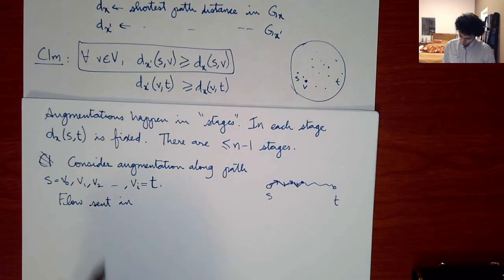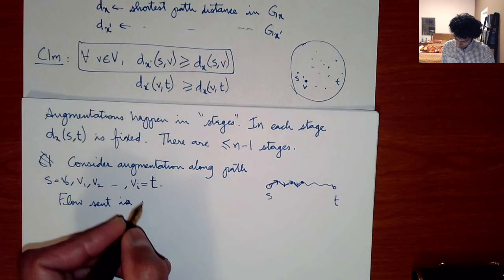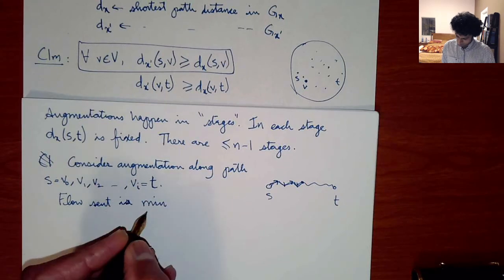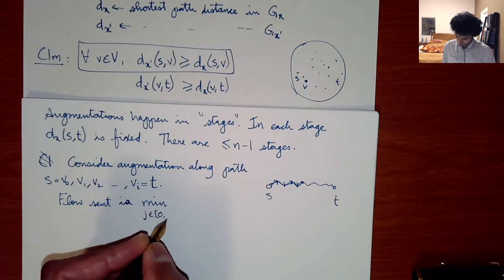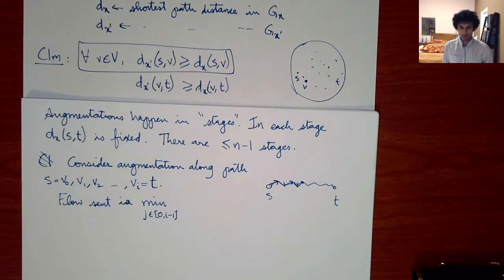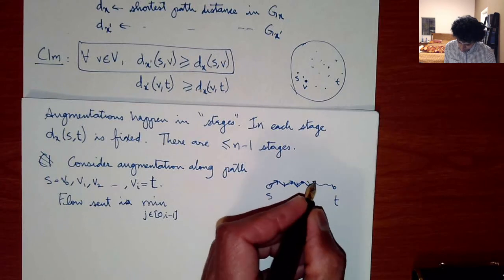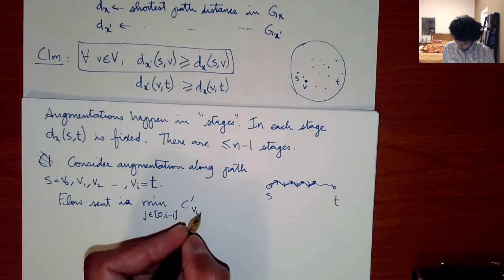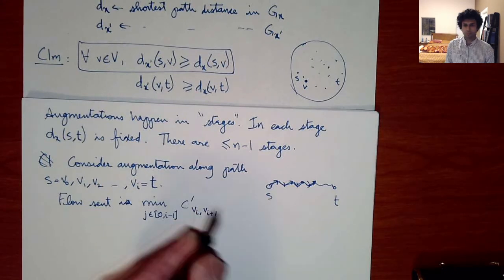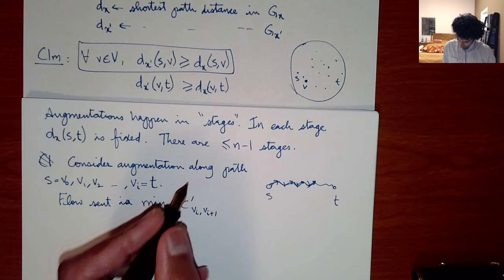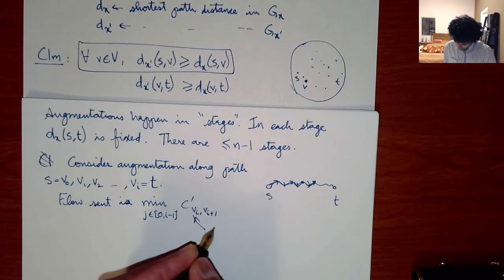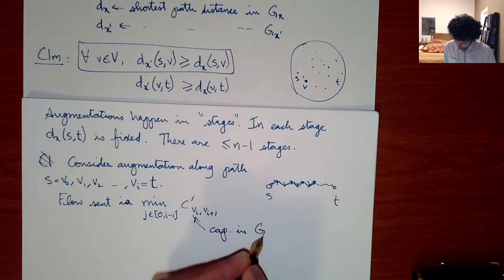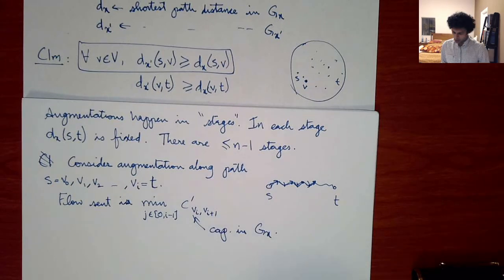The flow sent is the min over all j, j going from 0 to i-1, of C prime of Vj to Vj+1. By prime I mean the capacity at that stage, the capacity in G of x, in the graph at that point. So the flow sent is the minimum capacity along that path.